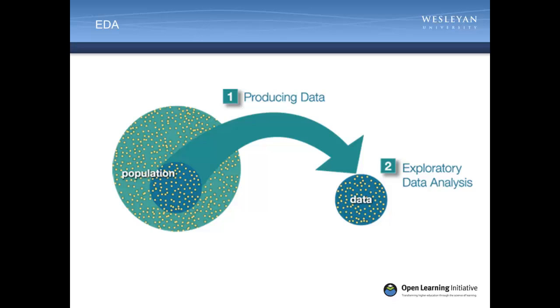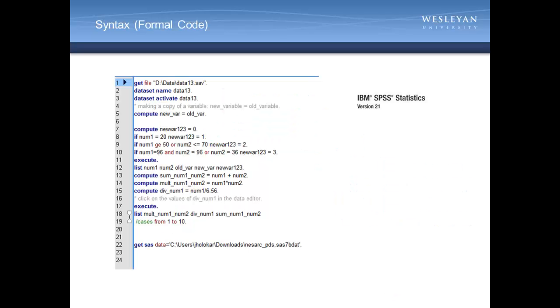In particular, EDA consists of organizing and summarizing raw data, discovering important features and patterns in the data and any striking deviations from those patterns, and then interpreting our findings in the context of a research question. Working with data that includes more than just a few observations and variables requires statistical software.